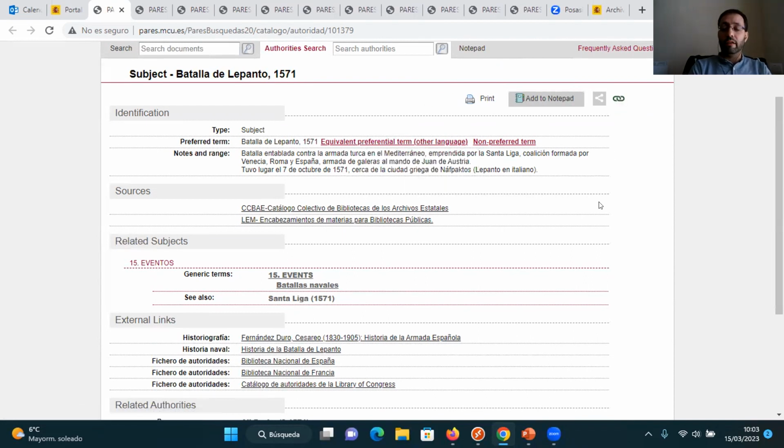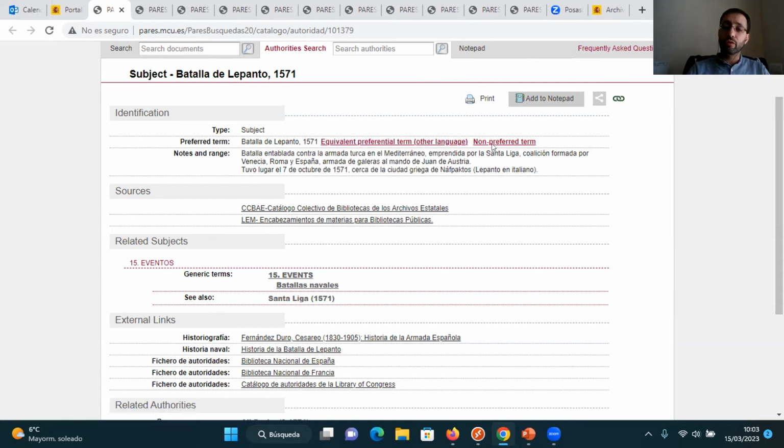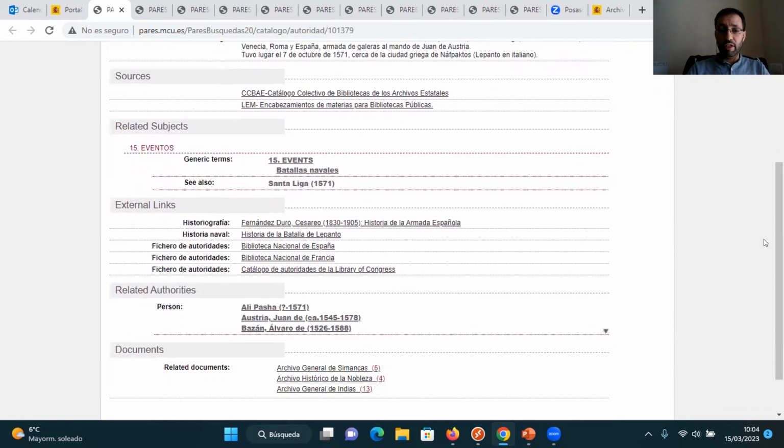So if a user searches in our portal in different languages, they always go to this description. And we also use non-preferred terms, for example, in Spanish, Batalla de Lepanto, and with the date. This description of event has different relations.